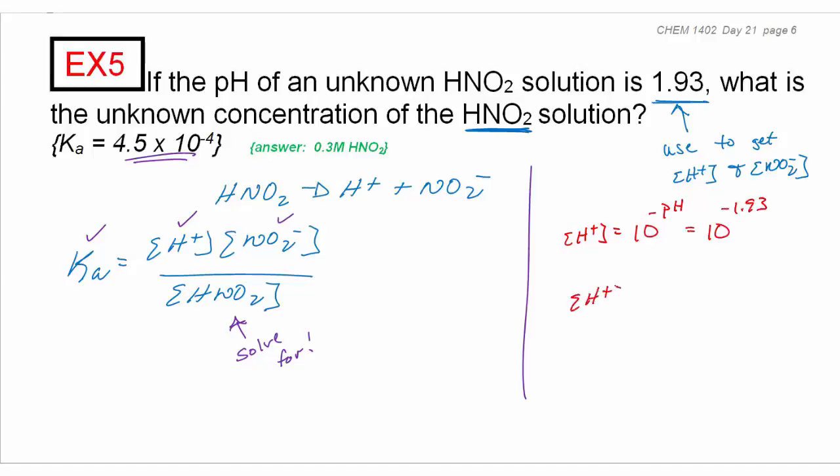So my hydrogen ion concentration is going to be 1.93, make it negative, shift 10 to that power, about 0.0117. So that means my conjugate base must be 0.0117. Okay, so we just plug all that stuff in, and we'll have our answer.